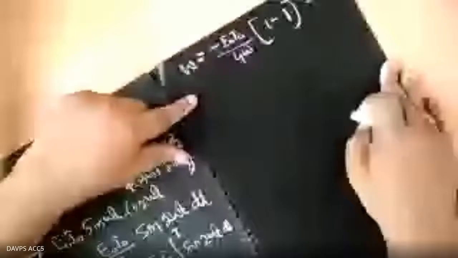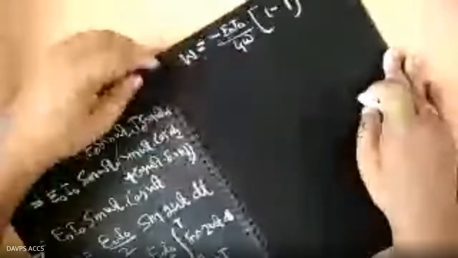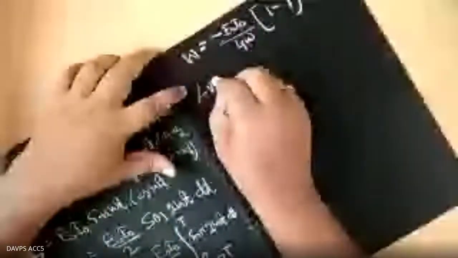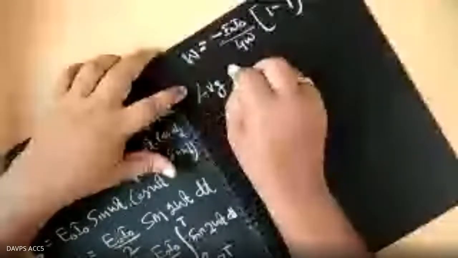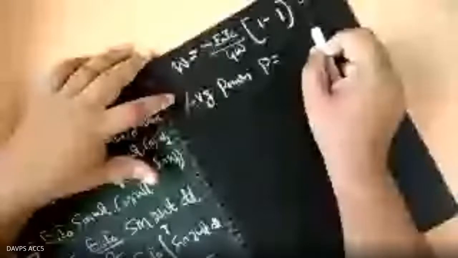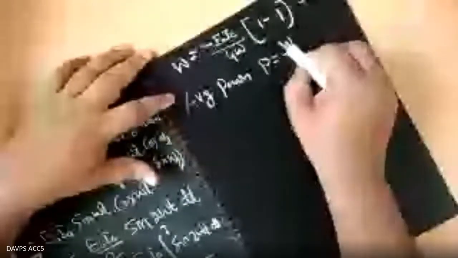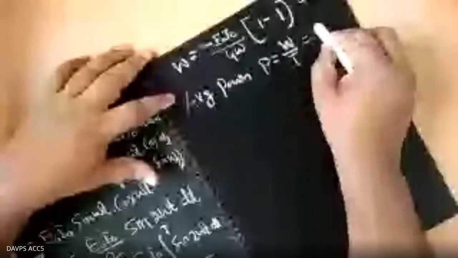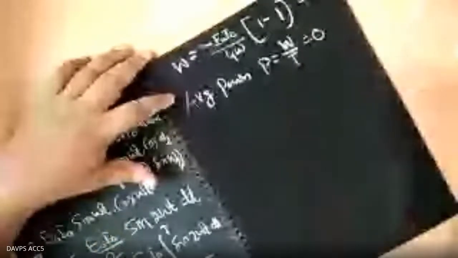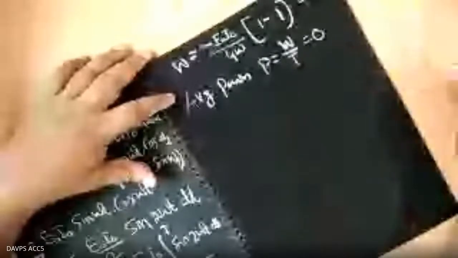In this case also you are finding the average power. The average power P equals W by capital T, and this is equal to 0. The average power over a complete cycle is 0 in the case of the capacitor.